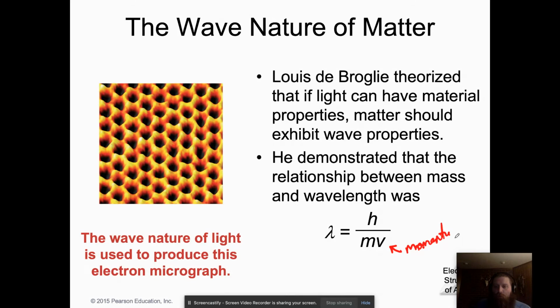When you take physics, you might see this as p, momentum. So another way this is often written is h over p. Lambda equals h over p. This is chemistry, though, so we'll just keep with the mv, but we do want to know that that's momentum. He said that if light can behave like a particle, then maybe particles can behave like waves.